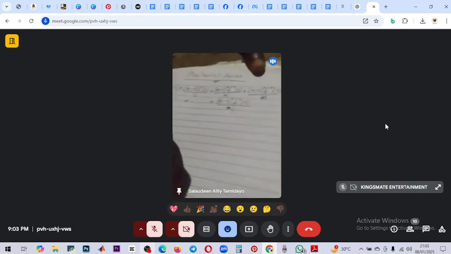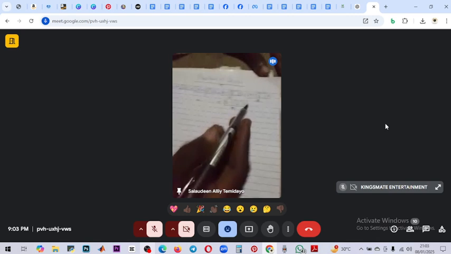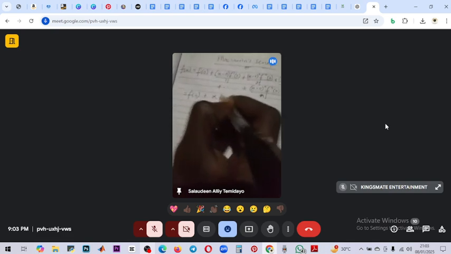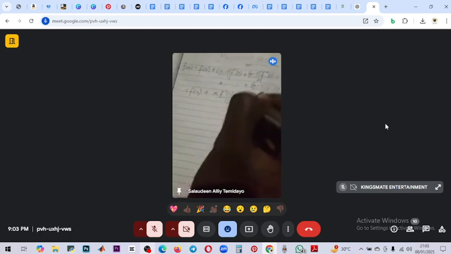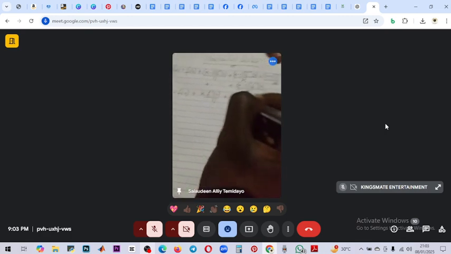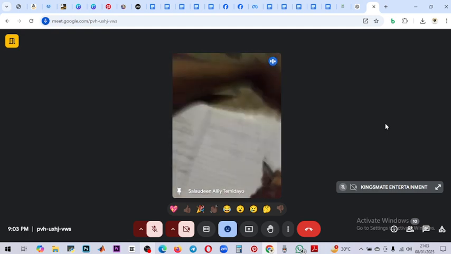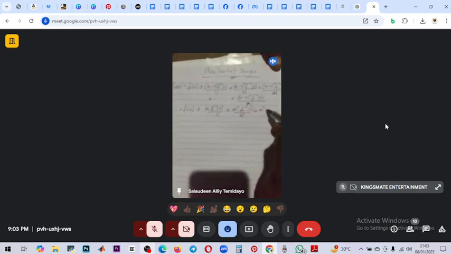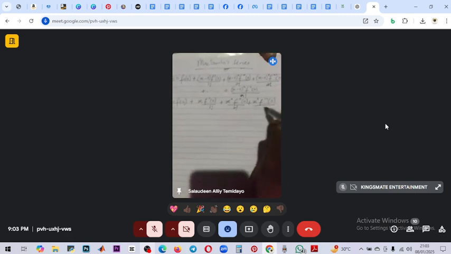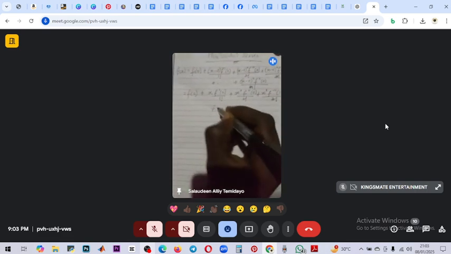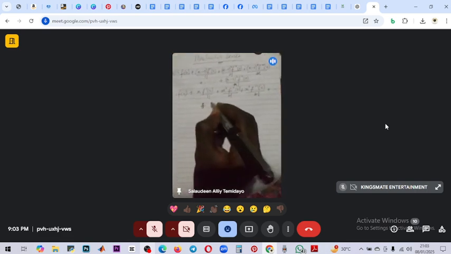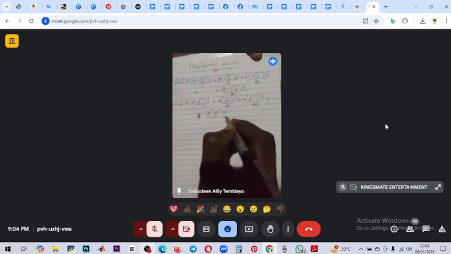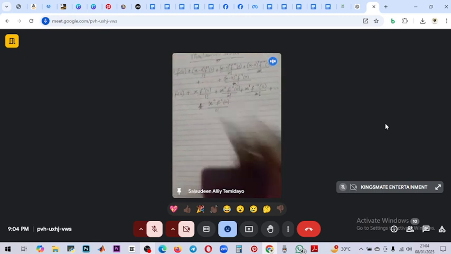Now, Maclaurin series is reduced, because as somebody that has sense, how will you be writing x minus 0 squared? It's now reduced to f of 0 plus x times f prime of 0 all over 1 factorial plus x squared times, because you know that x minus 0 is still the same as x, right? f double prime of 0 all over 2 factorial plus x cubed times f triple prime of 0 all over 3 factorial plus, to infinity, plus x raised to power n times f nth prime of 0 over n factorial.